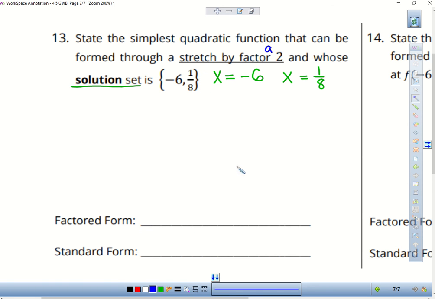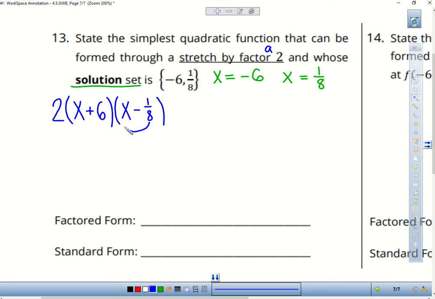So how you set up factored form is similar to before, but the only difference is you put a 2 on the outside here. So times x minus 6, remember you have to flip the sign, and then times x minus 1/8. So remember how earlier I showed you how we had these zeros, but we had a number on the outside that didn't change the zeros? That's what's happening here. We have to bring it back in because it does affect the graph in a different way.